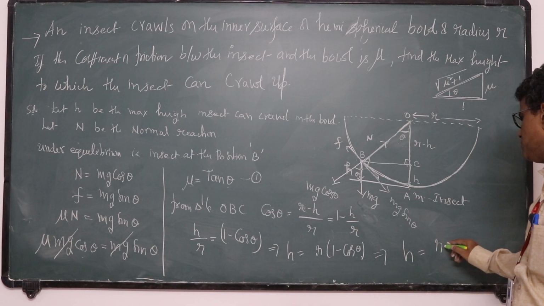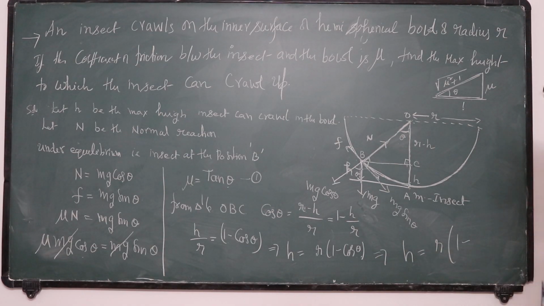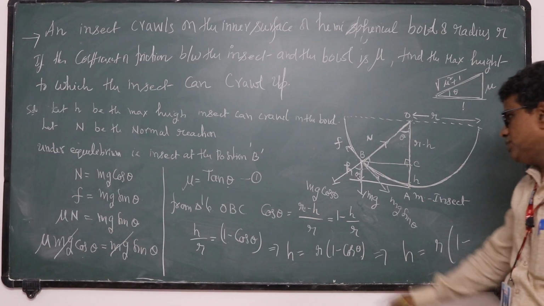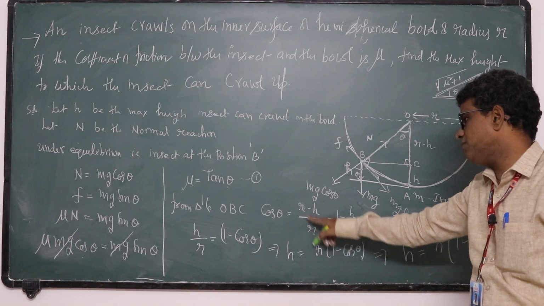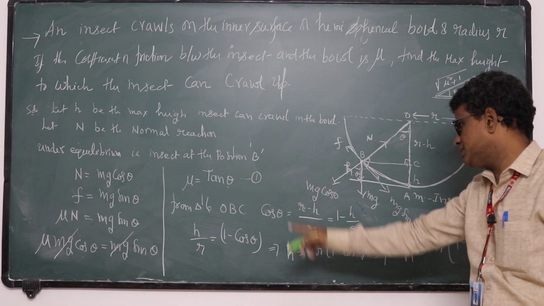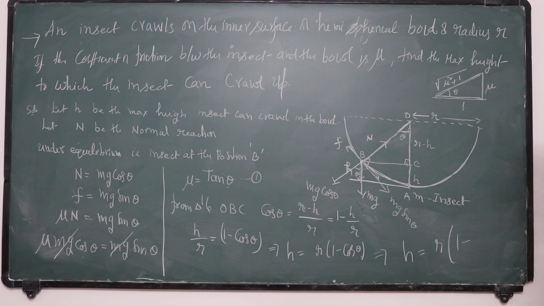So h is equal to r of 1 minus, here it is r minus h. Cos theta is equal to 1 minus h by r. So we bring this side: h by r is equal to 1 minus cos theta. What is cos theta? Cos theta is adjacent, 1 by square root of mu square plus 1.